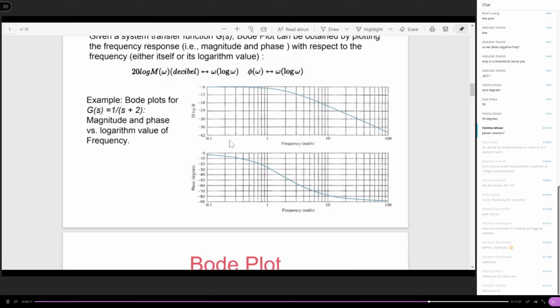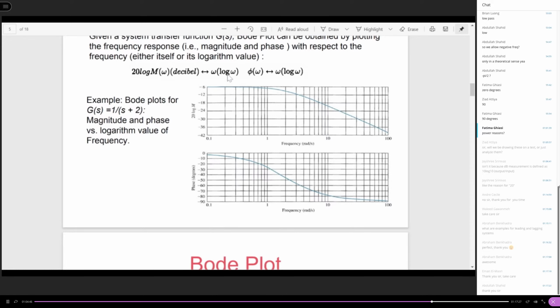That is why, when we draw the Bode plot for M of omega, we always like to use logarithm for both the omega frequency and the vertical axis. You got my point? The correspondence here is this: the real value is 0.1, right?